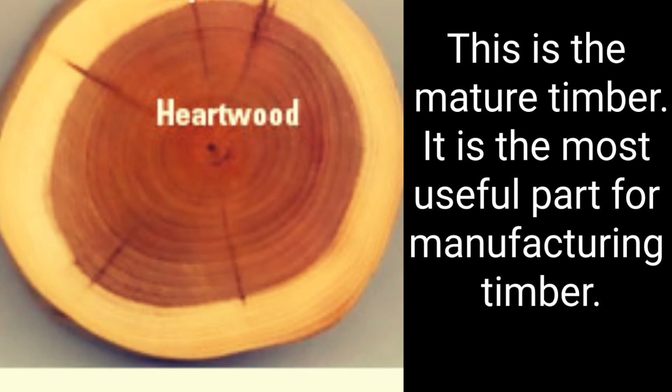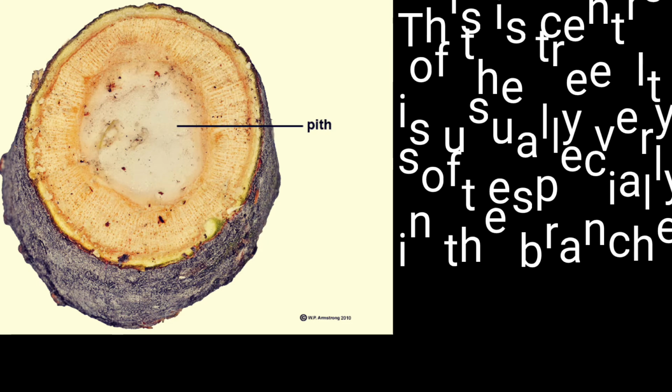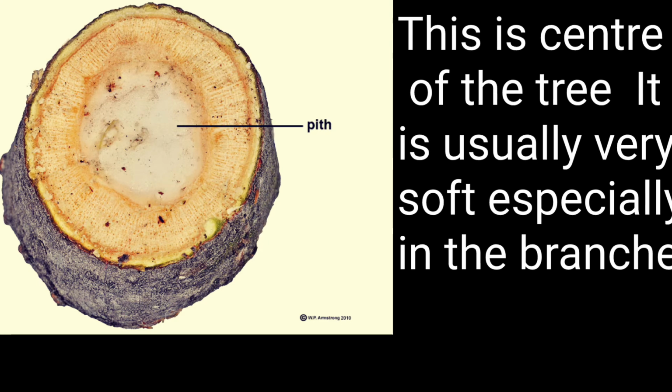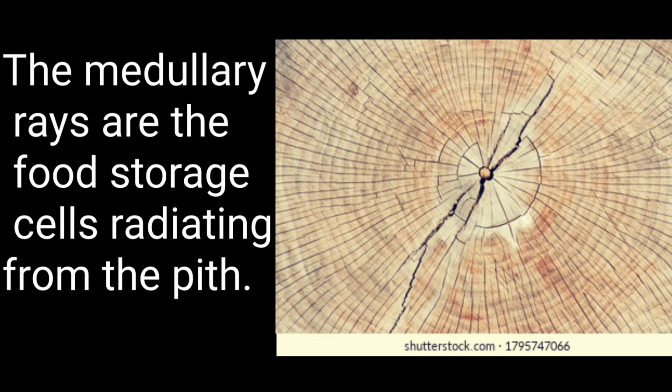than the sapwood. 6. Pith. This is the center of the tree. It is usually very soft, especially in the branches. 7. Medullary rays. These are the food storage cells radiating from the medulla, which is also known as the pith.